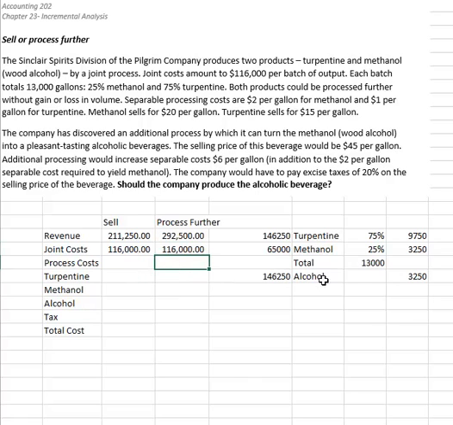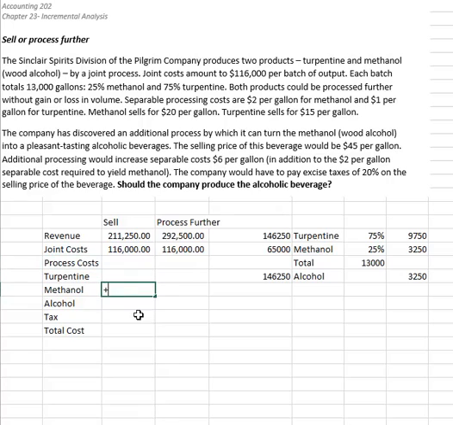Now, when I get the product to this state in the production process where it's not yet finished but needs to be processed further, I have 3,250 gallons of methanol, and I have to pay $2 a gallon to process it, and I have to pay an additional $6 a gallon to turn it into alcohol. So my process costs are those costs per gallon.